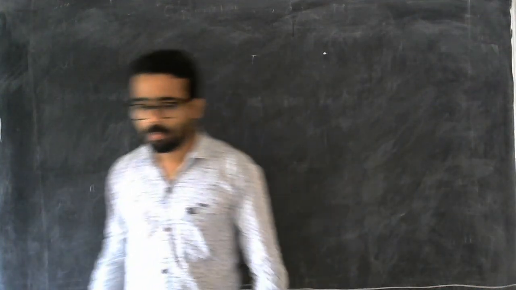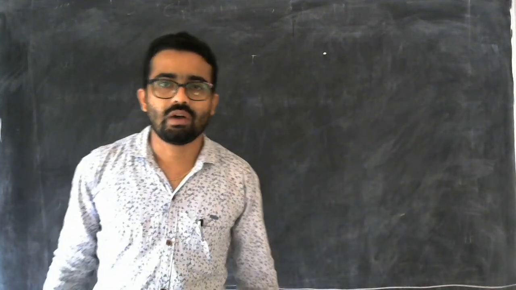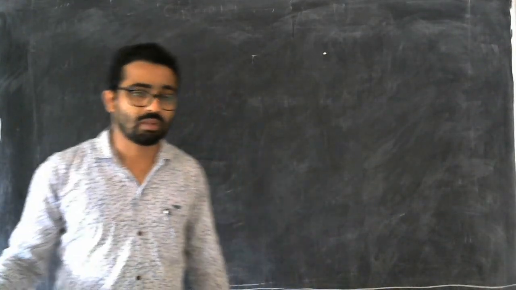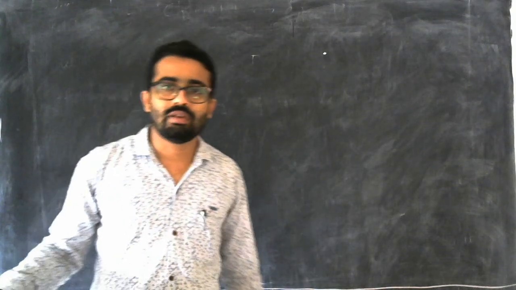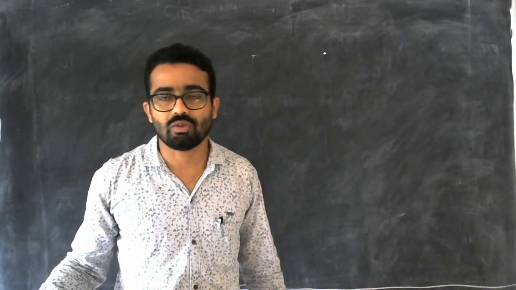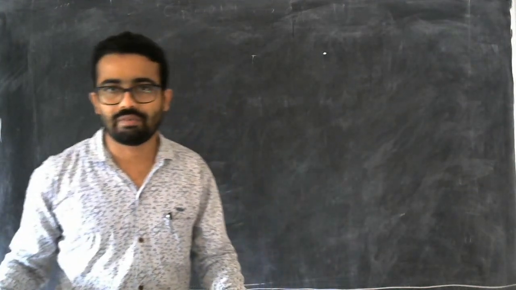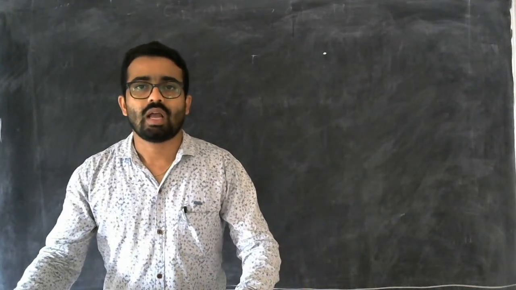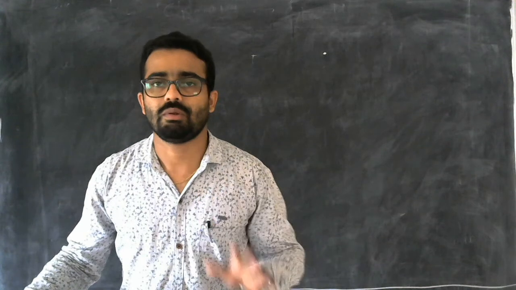Now let us see the relation of resonant frequency and the current with the graphical method. Already we know the equation for resonant frequency, omega naught is equal to 1 by square root of LC, and at the resonant frequency, current in the circuit will be maximum.